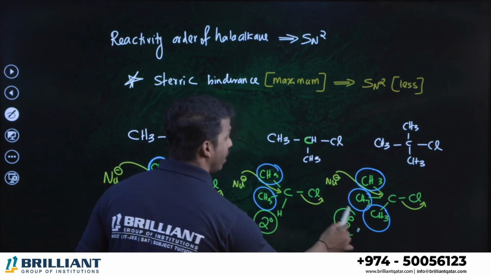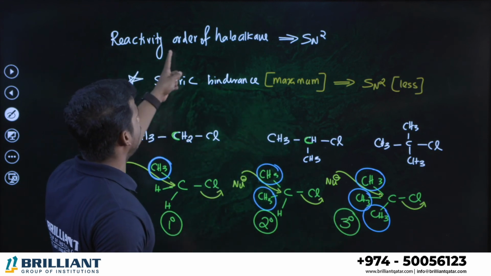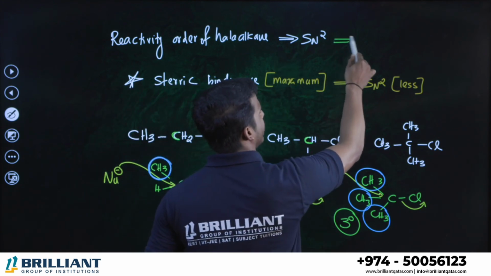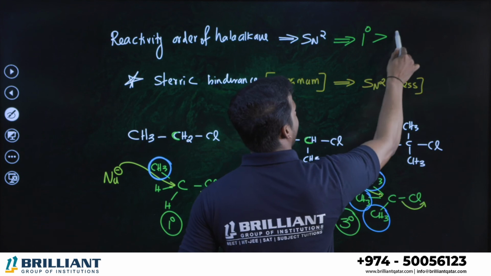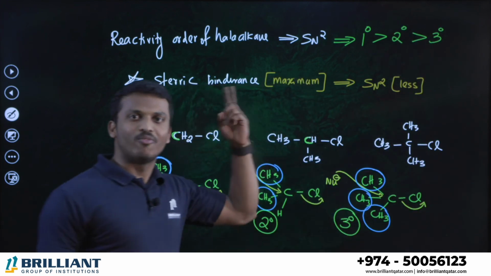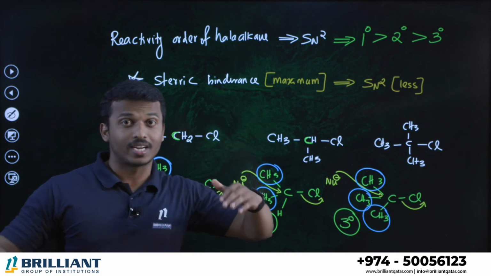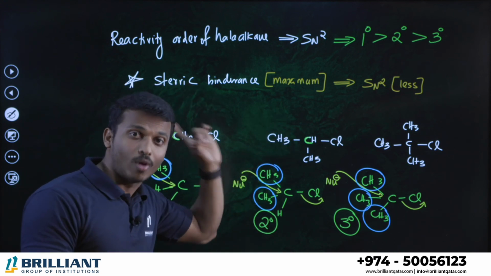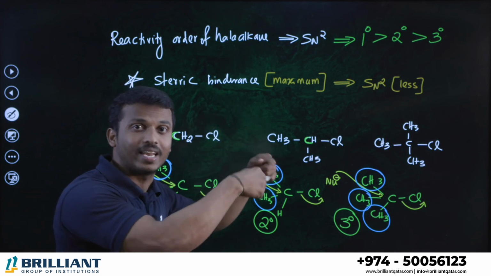Can you please tell me the reactivity order of haloalkanes towards the SN2 mechanism? We can say primary is greater than secondary, greater than tertiary. In the SN1 reaction it was the opposite, right? We studied some more extra about the carbocation. In the SN1 mechanism it is tertiary, secondary, primary.